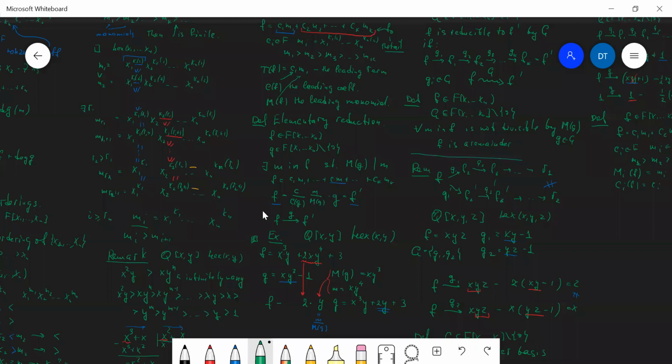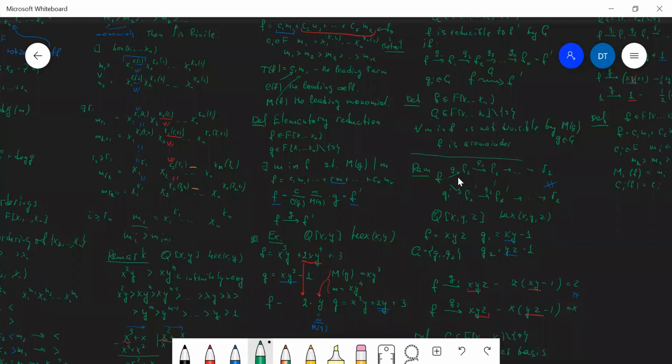After this procedure, the f prime doesn't contain this summand, but it contains the tail of g multiplied by this factor. So there are some new monomials here, but these monomials are strictly smaller than this one. This is the process called elementary reduction. If we combine several elementary reductions, we will get what's called reduction.